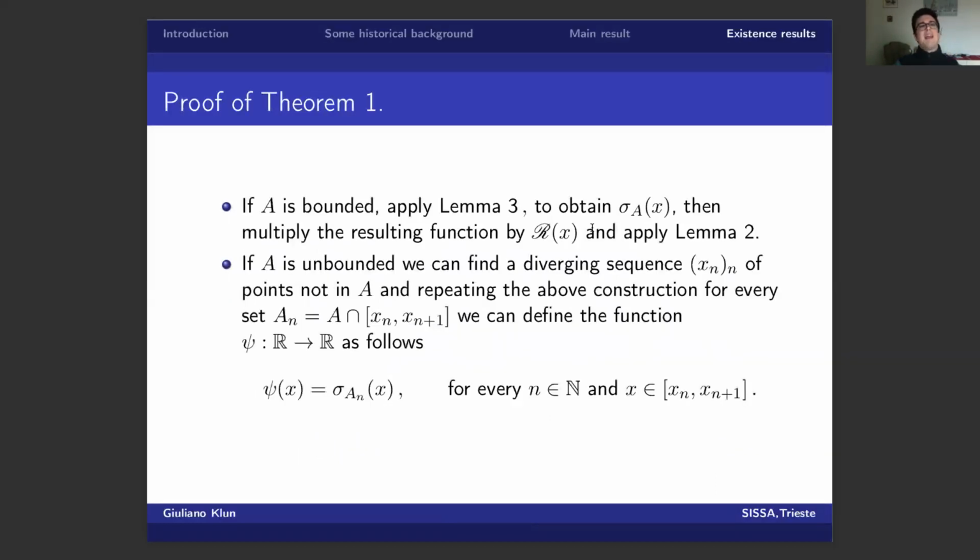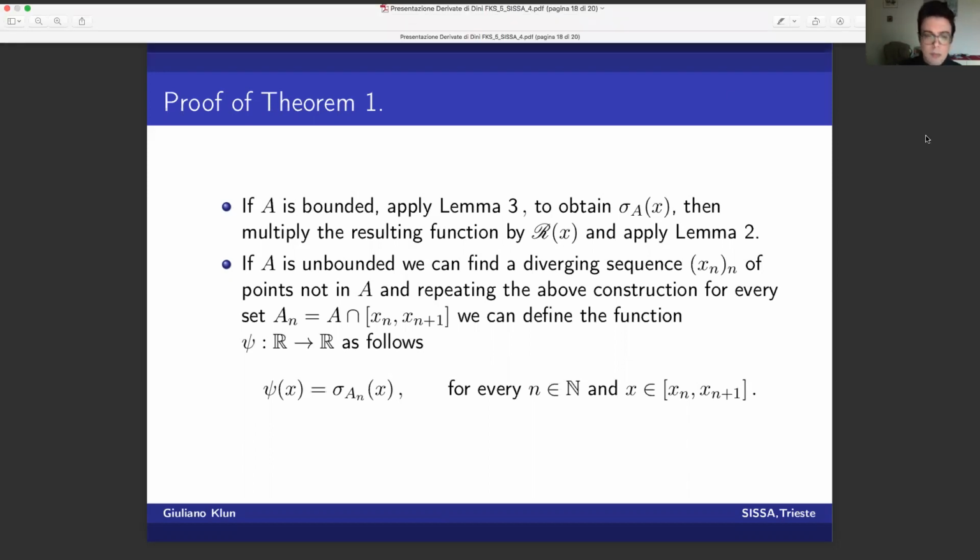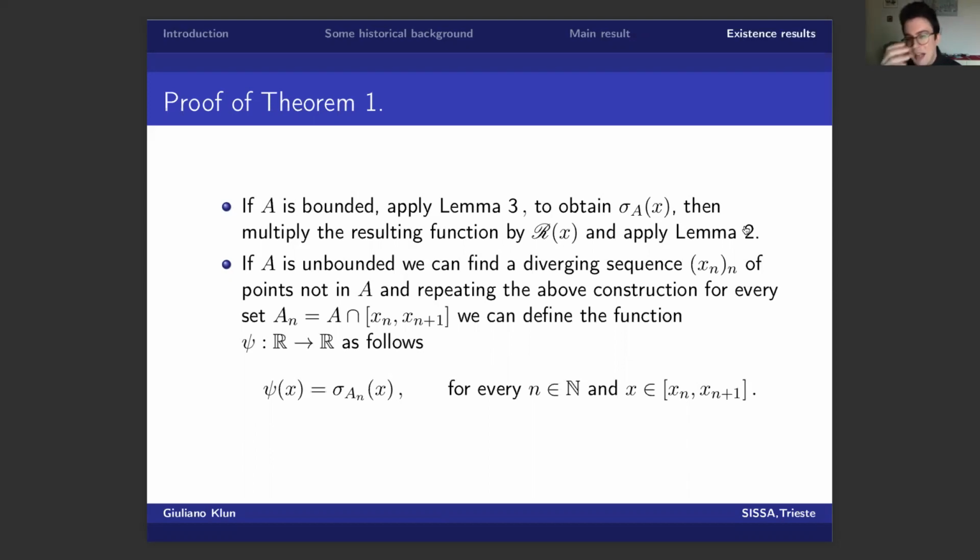So if A is bounded, we can apply lemma 3 and obtain the requested function sigma A. Then we can multiply the resulting function by R and apply lemma 2. What is going on here seems very complicated, but it is very simple in what we have done.